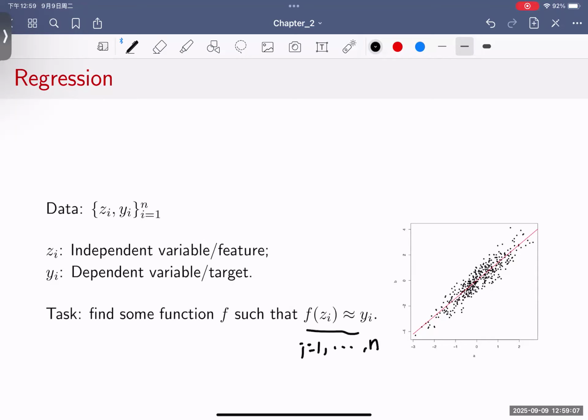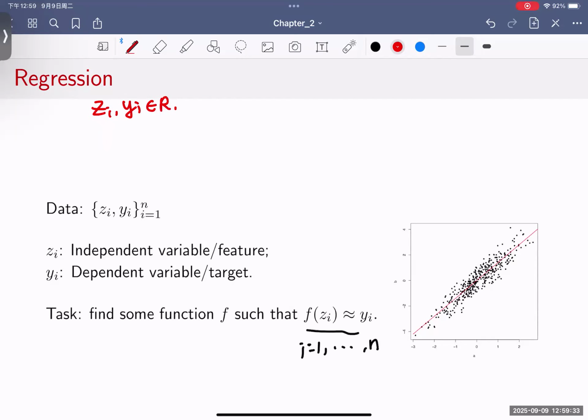So consider a simple case where zi and yi are 1 dimension. Of course, a natural way is that, if possible, we try any f and then pick the best one, meaning the f(zi) that is closest to yi.